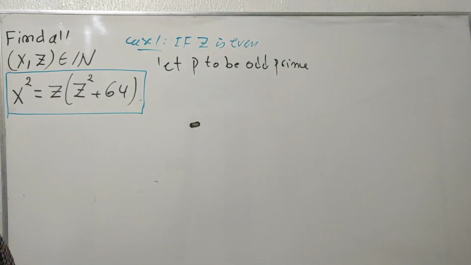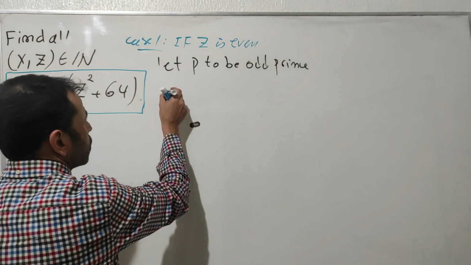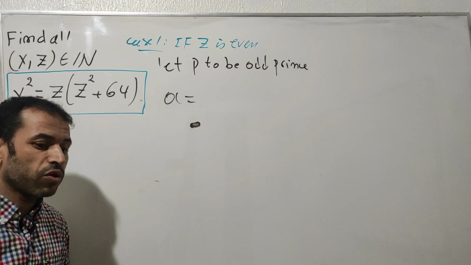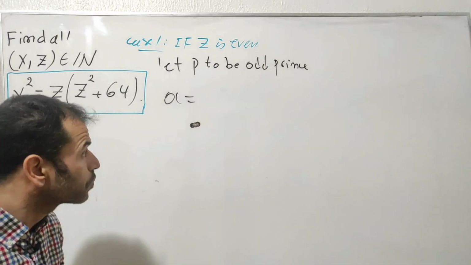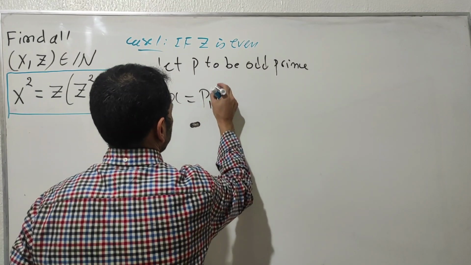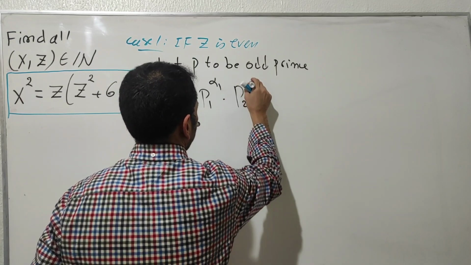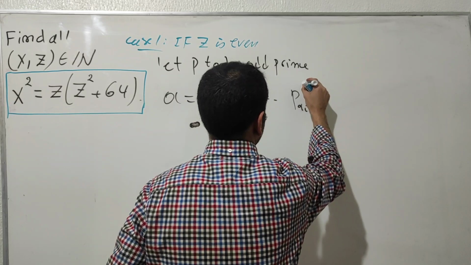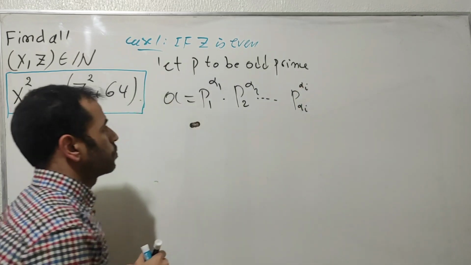or odd factor is going to be the same thing here, because if you have an odd number here, this odd is going to be factorized in the form of prime factorization, as p1 to the alpha 1 multiplied by p2 to the alpha 2 all the way down to p_i to the alpha i, like this, okay?